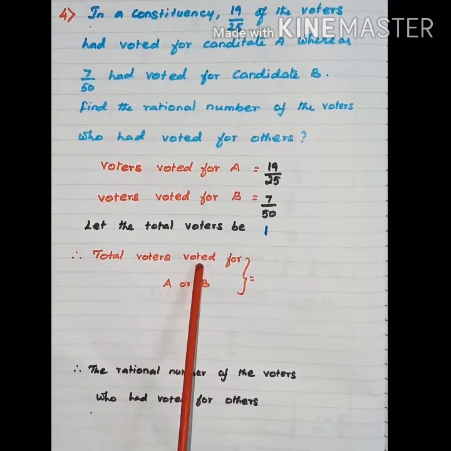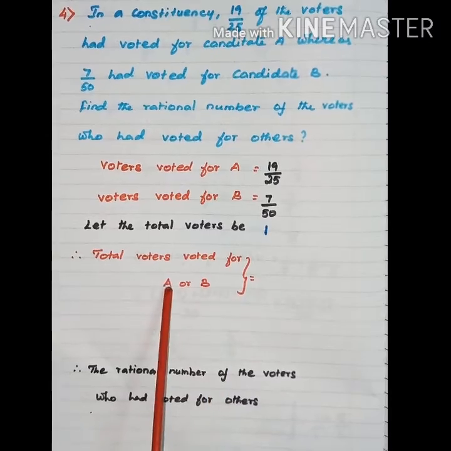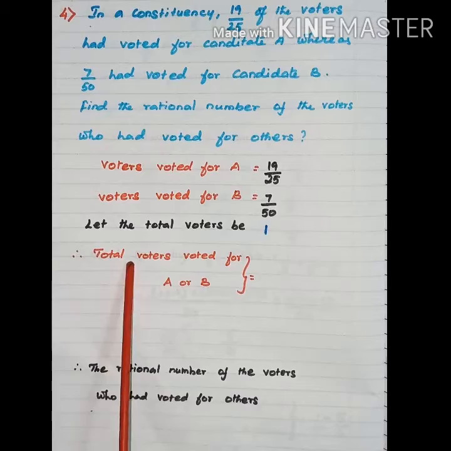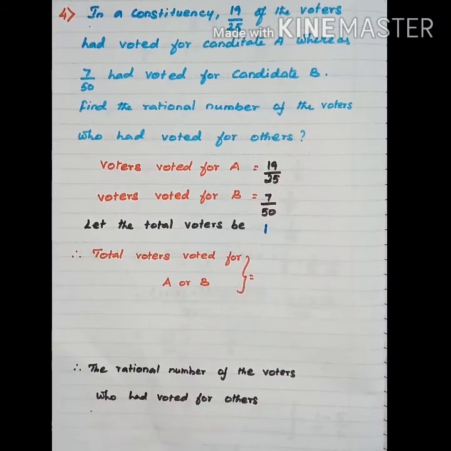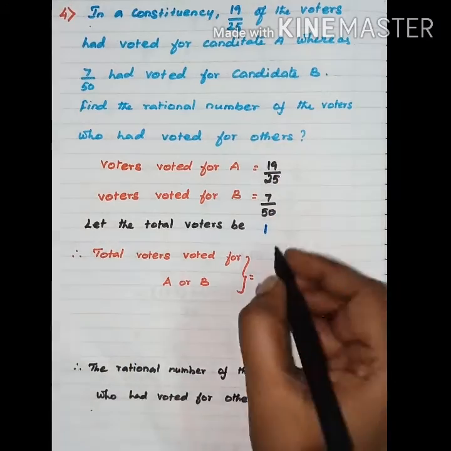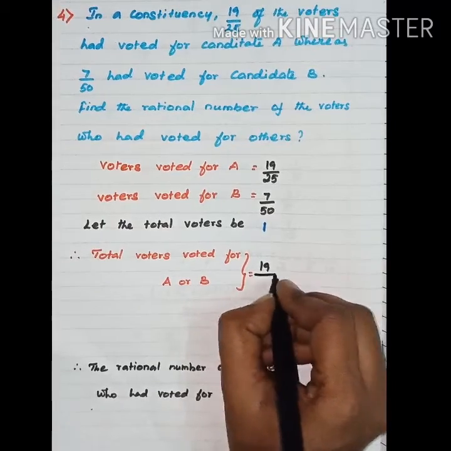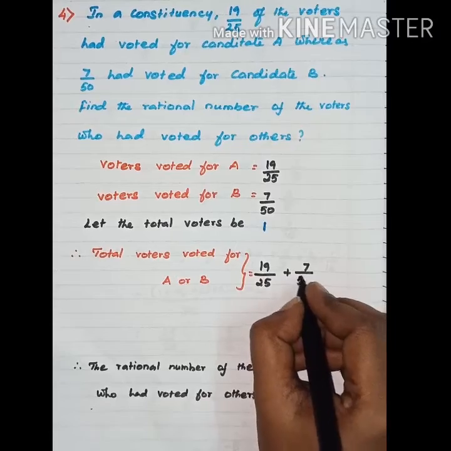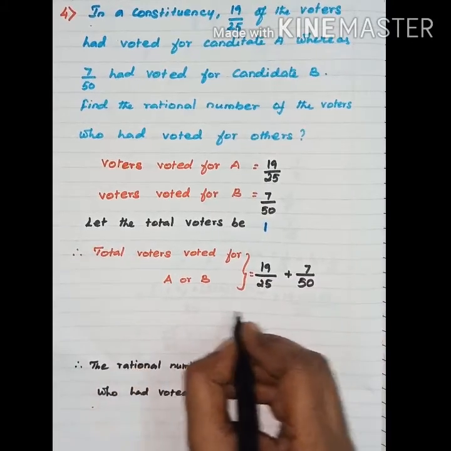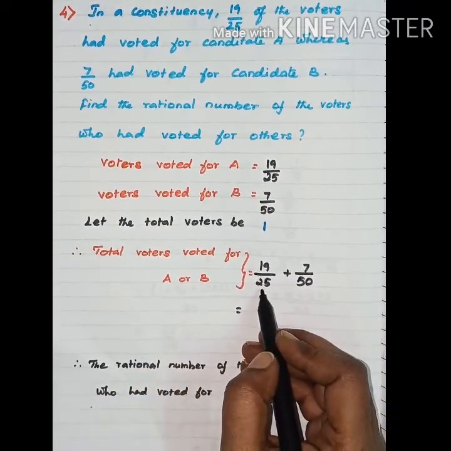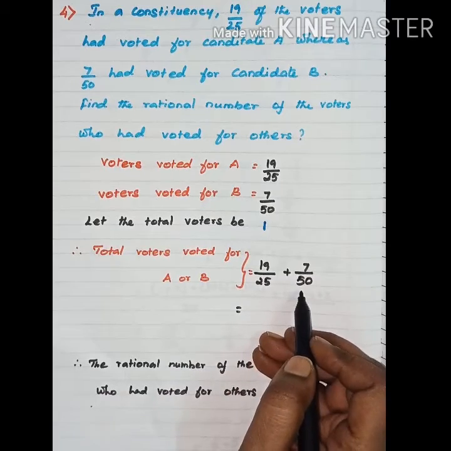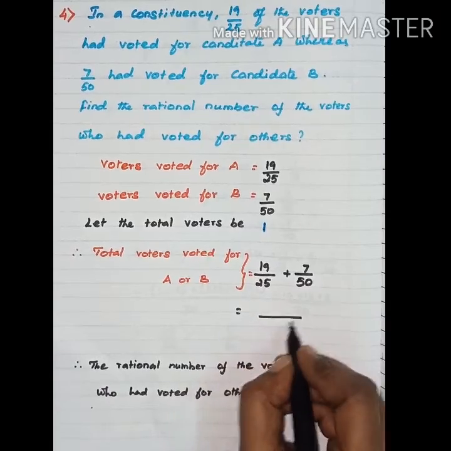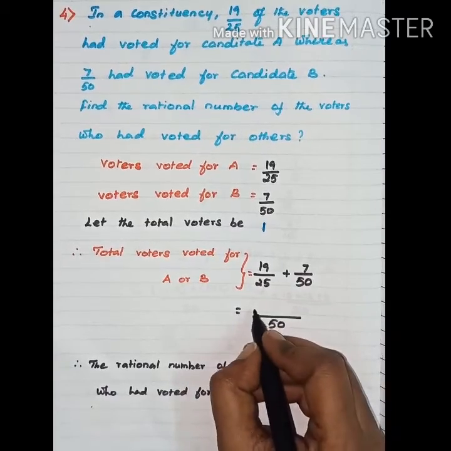Therefore, the total voters who voted for A or B is equal to, since the word total comes, we have to add these two, that is 19 by 25 plus 7 by 50. We have to take the LCM for 25 and 50. 25 twos are 50, so take 50 as the LCM.